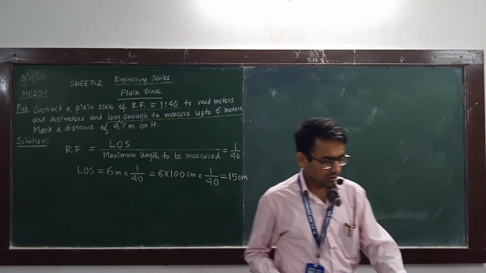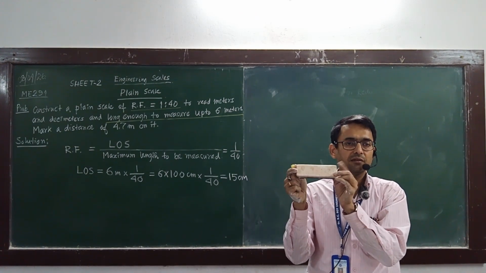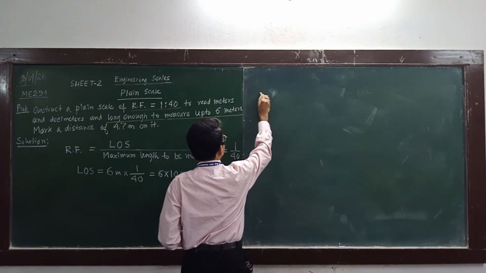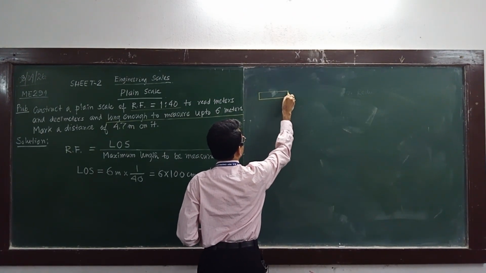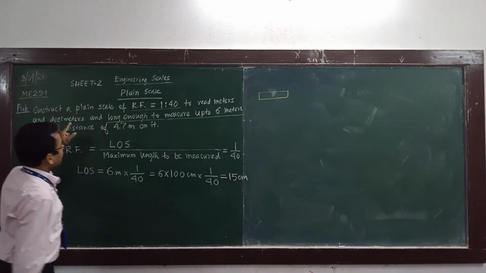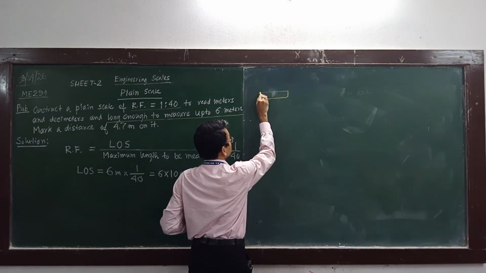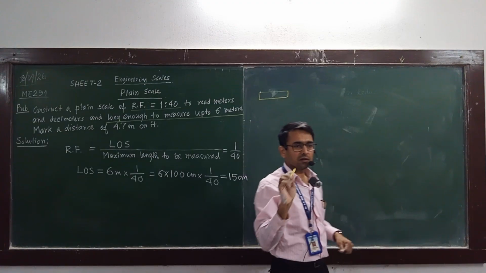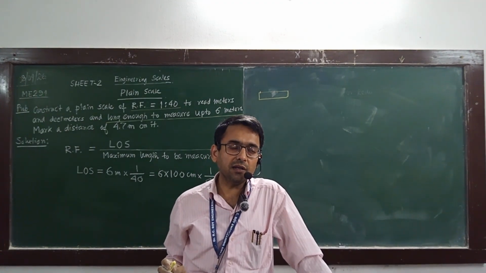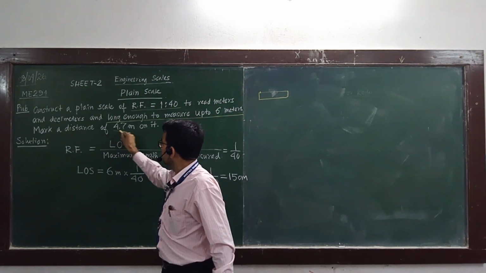So we will have a scale of say this much long, 15 centimeters, right? Clear? And what you have to do? You will draw 0, then 1, 2, 3, 4, 5, 6, and then you will show 4.7 meters on it.